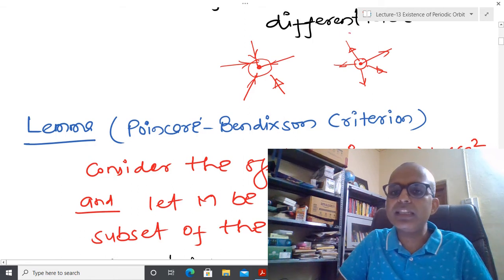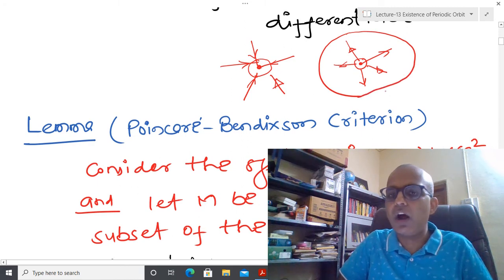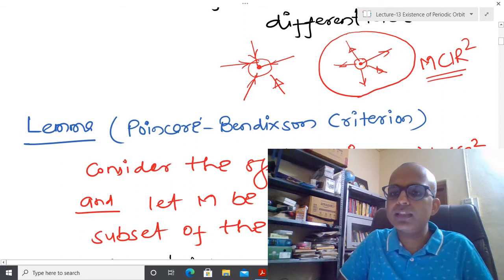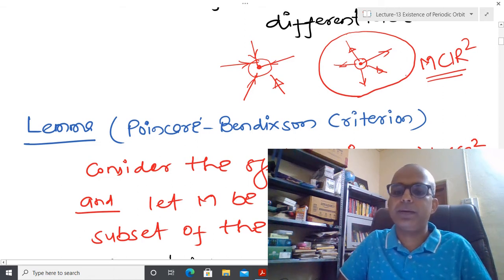Now suppose in this plane I have some kind of closed and bounded subset of the two-dimensional plane. What I mean to say is that M is a subset of R2, but it is not the whole plane, it is a subset of this plane that is closed and bounded.